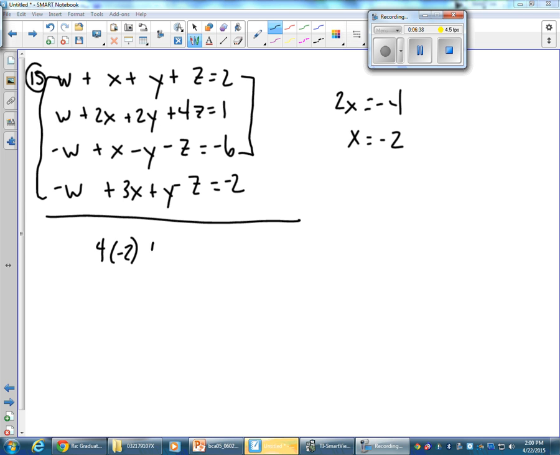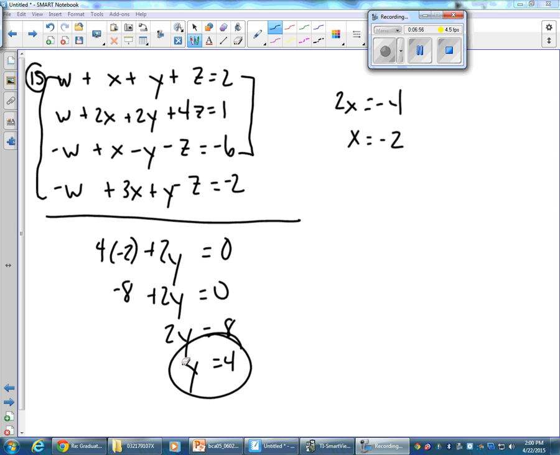And plus 2y. And the z's cancel, equals 0. So 4 times -2, that's -8, plus 2y is equal to 0. Add 8, you get 2y equals 8, so y is equal to 4. So now I know what x is, and I know what y is.